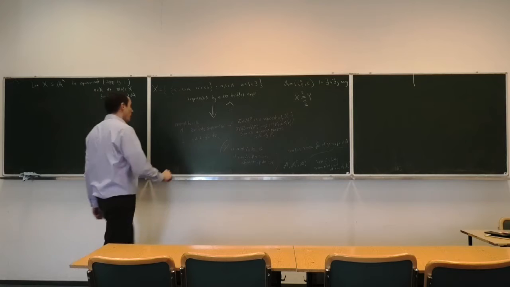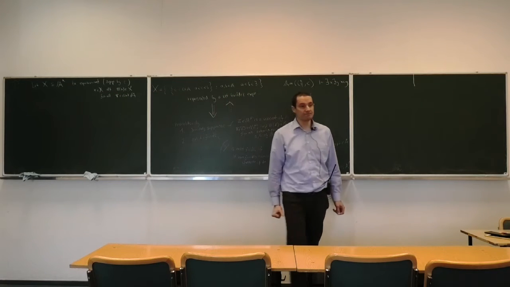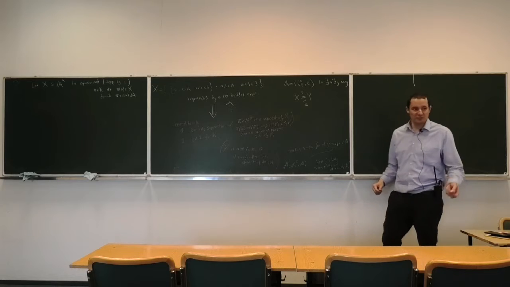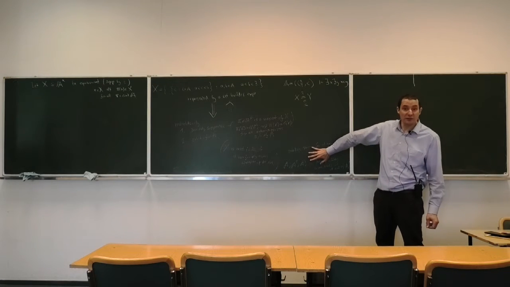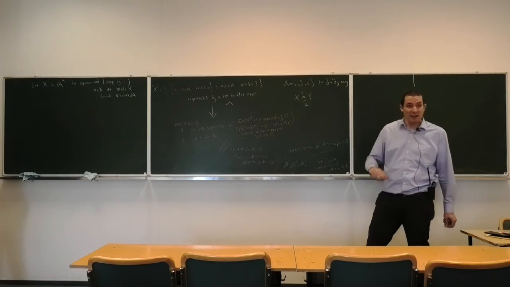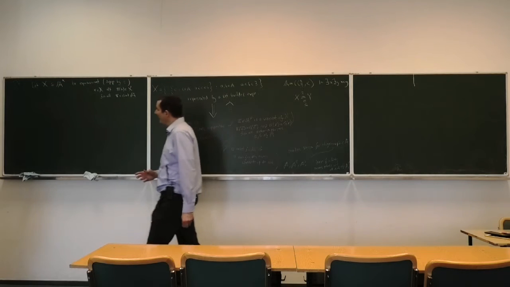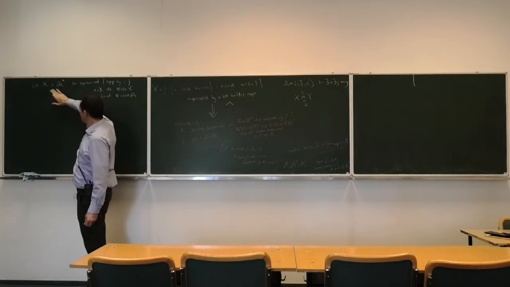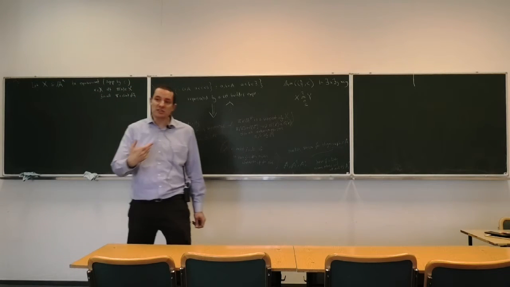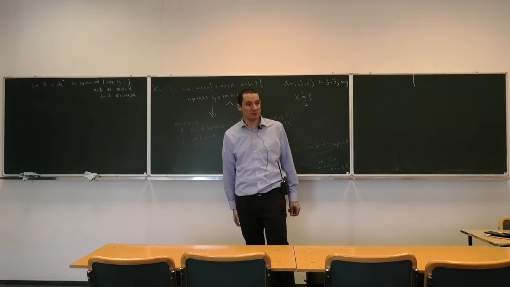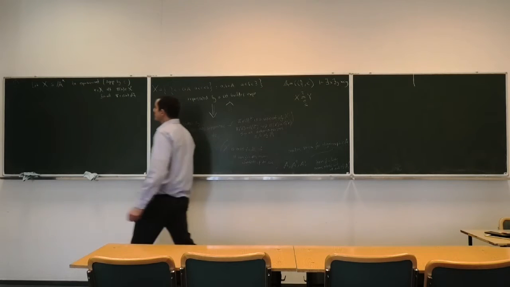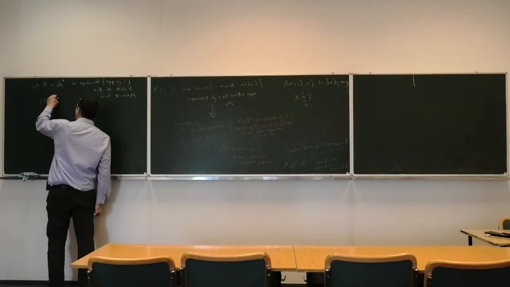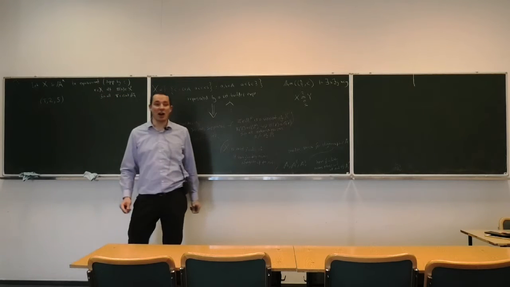Is it orbit finite? Well it is, I don't even have to discuss this, it's just a direct corollary of the assumption on oligomorphism, which says that the entire space has finitely many orbits. Okay? Is it hereditarily orbit finite? So how many elements does this guy have up to atom automorphism?